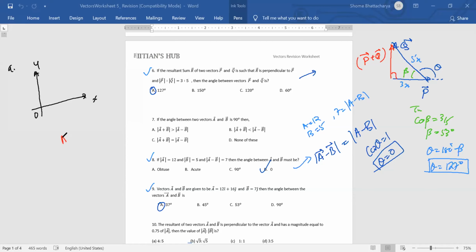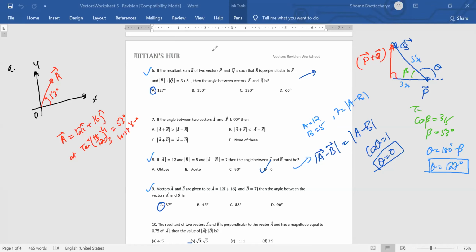So the vector A, which is 12 i cap plus 16 j cap, is at tan inverse of 16 by 12, or 4 by 3, or 53 degrees with respect to the x axis. Okay. So our vector A is something like this. This angle is 53 degrees.